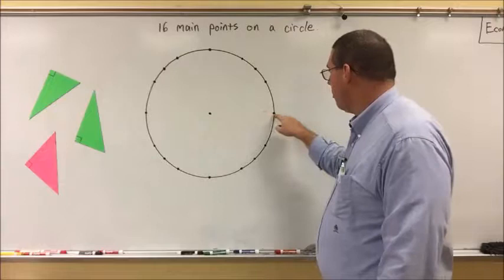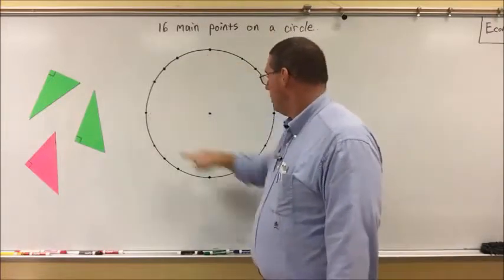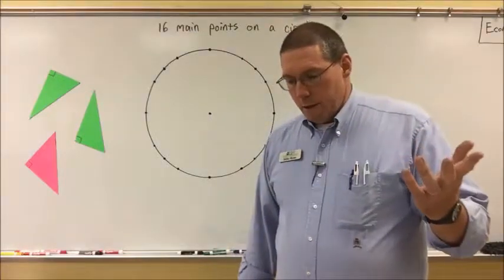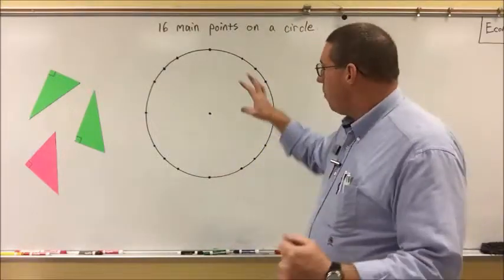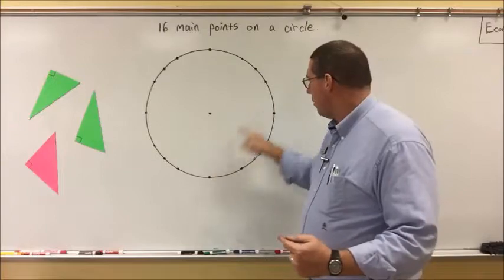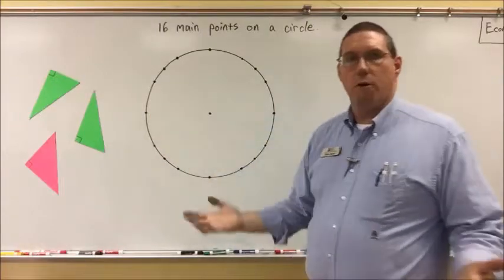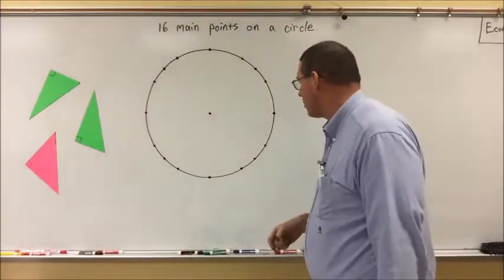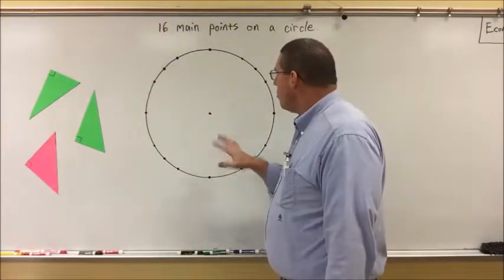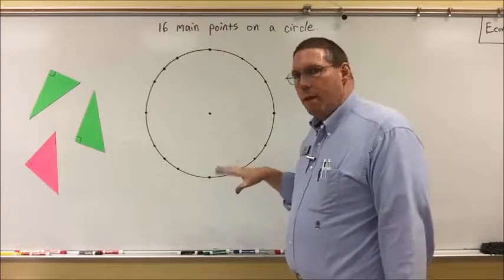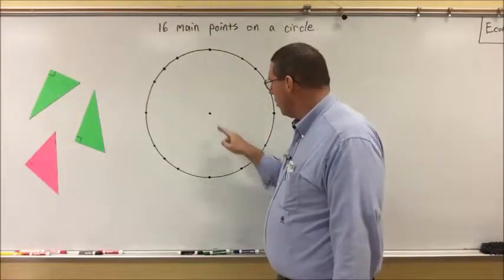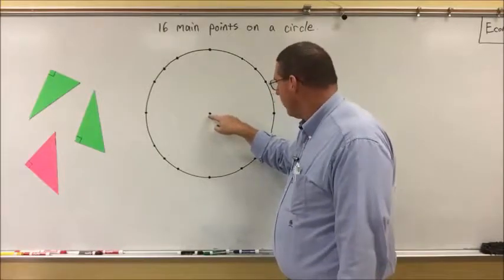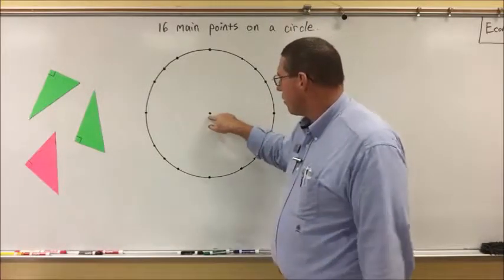Let's talk about this point, this point, this point, and this point relative to the center of the circle. So those 4 points, I call them north, south, east, and west. You don't have to call them that, but that's what I call them. The idea is those are really easy to identify because whatever the radius of the circle is, east and west are directly horizontal to the center of the circle.